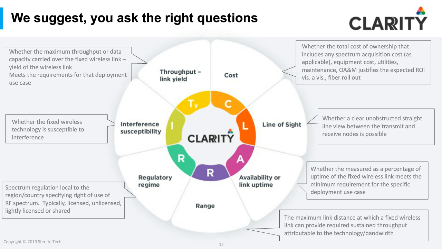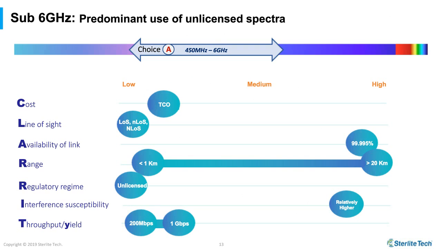So as we move along, we've applied this framework, which we call Clarity, by the way. I should have spelled it out. But if you look at this, 6 gigahertz, again looking at it from the more unlicensed perspective, you have some flexibility with line of sight, where you can get near line of sight or non-line of sight deployments.